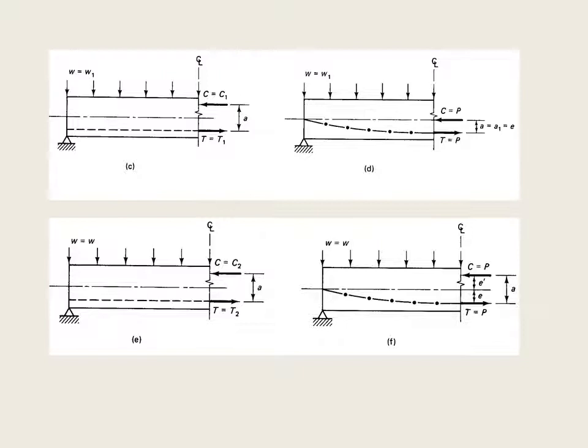This couple will counteract the moment caused by this load W. So small a means small moment due to small loads. Big loads, big a. So you need a bigger value to create a bigger moment.